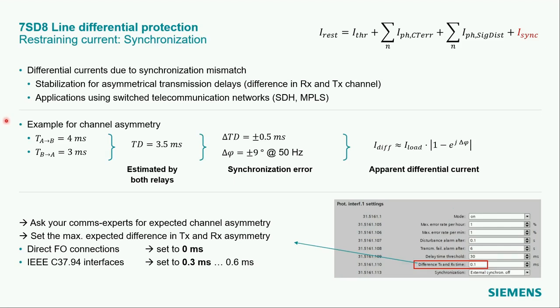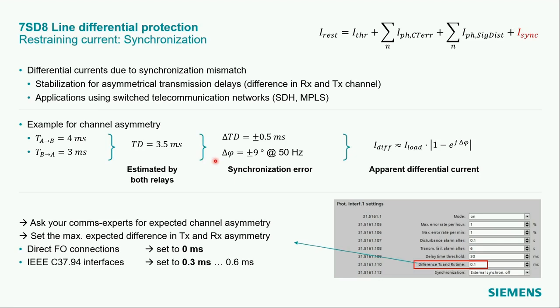Let's look at the example. For example, we consider a channel delay from the relay A to B to be 4 milliseconds. On the return path, B to A, we have a 3 milliseconds delay. The ping-pong method applied in both relays calculates an average channel delay TD of 3.5 milliseconds.